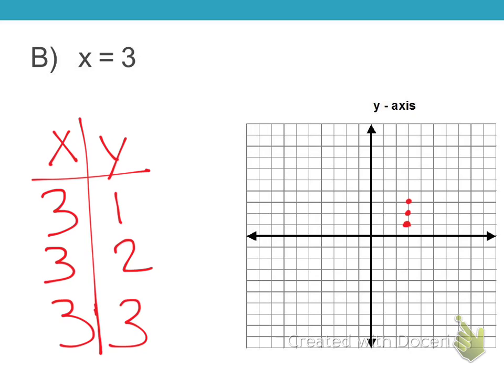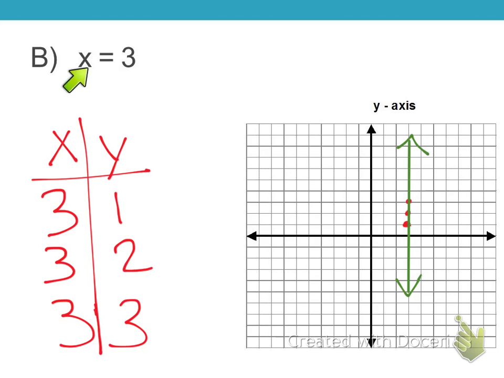All right. This is a special line. What's it going to look like? Up and down. Good. For some reason, x goes up and down. Now, the way I remember these, x equals and y equals lines, when there's only one variable and not the other, that's the axis that it goes through.